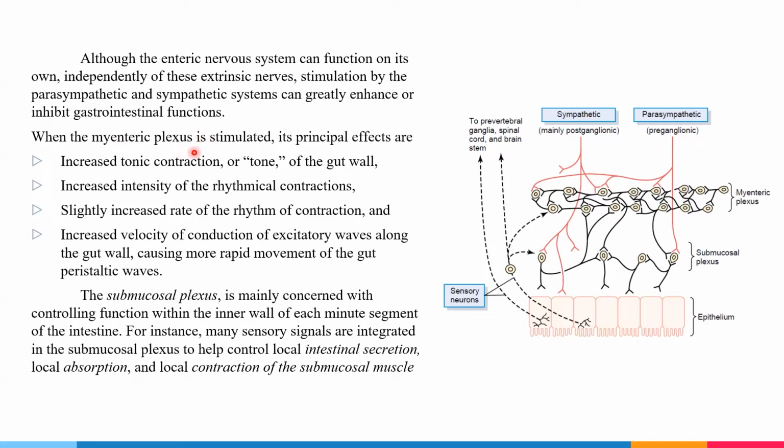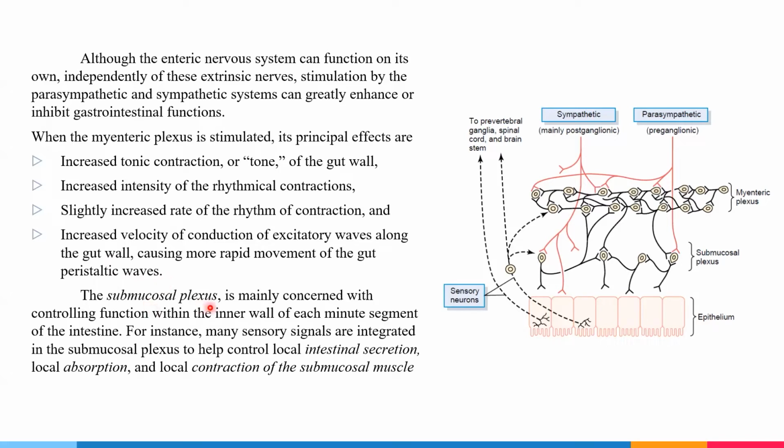When the myenteric plexus is stimulated, its principal effects are increased tonic contraction or tone of the gut wall, increased intensity of the rhythmical contractions, slightly increased rate of rhythm of contraction, and increased velocity of conduction of excitatory waves along the gut wall, which causes more rapid movement of the gut peristaltic waves. Peristaltic waves are the waves of the gut muscles which push the bolus or the food along the alimentary canal, and something that we'll look into in later slides.